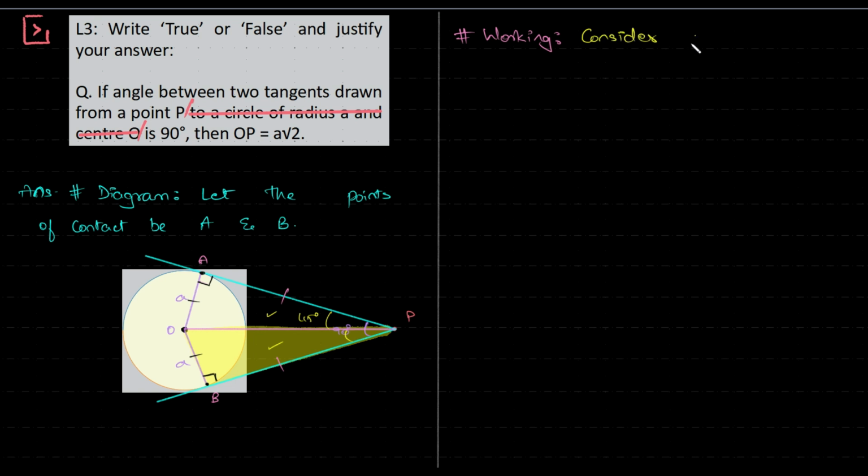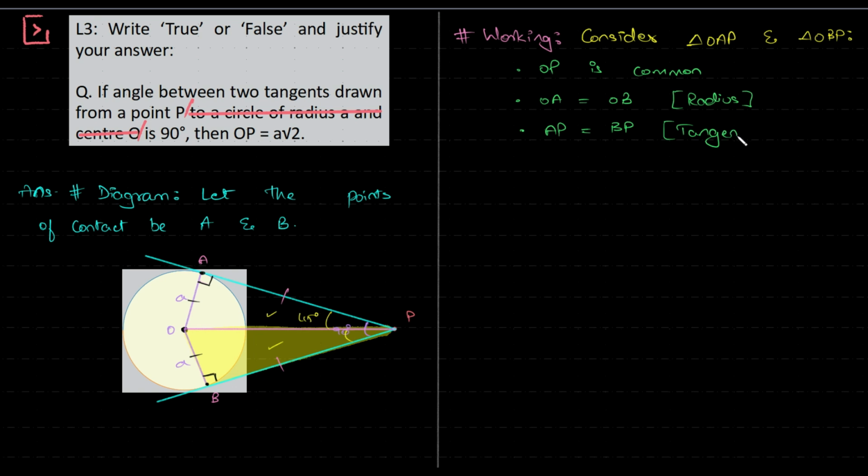So let's consider triangle OAP and triangle OBP. Here OP is common, agree? Then we have the radius length, that is OA is equal to OB. They are our radius. Then we have AP is equal to BP because they are tangents from the same external point.